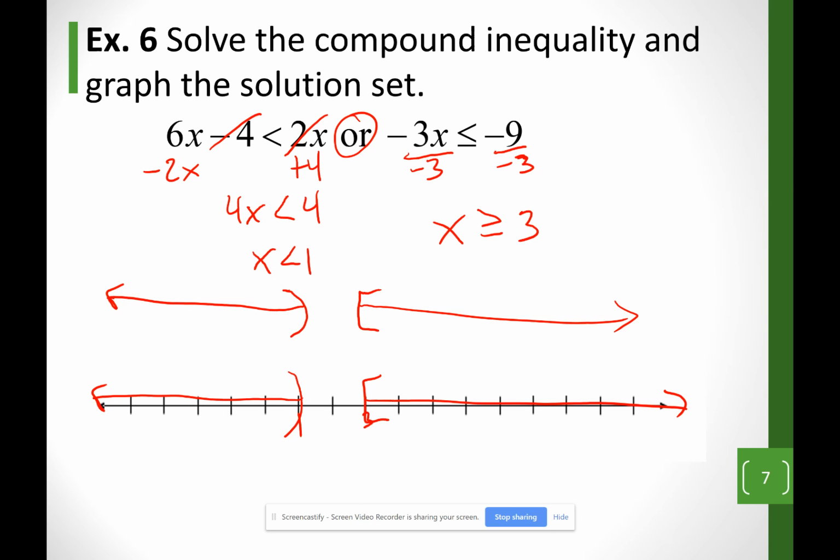Now, when it comes to interval notation, how far left do I go? I go as far left as negative infinity and then 1. And then I also have from 3 to positive infinity. Infinities are always parentheses. Now the other numbers, 1 and 3, you can see where I got the parenthesis and where I got the bracket from.